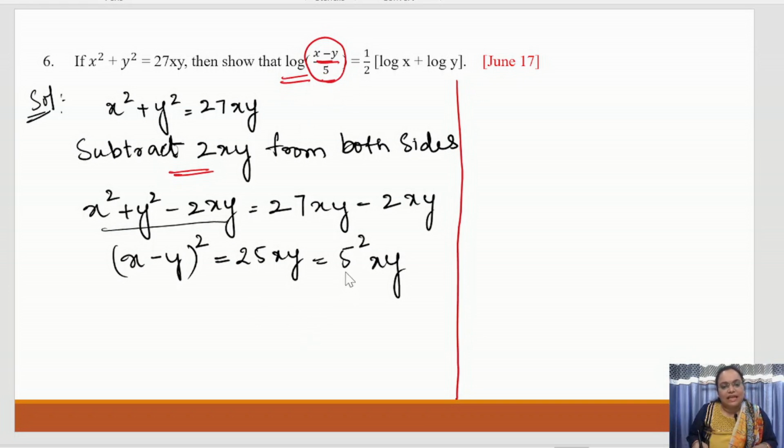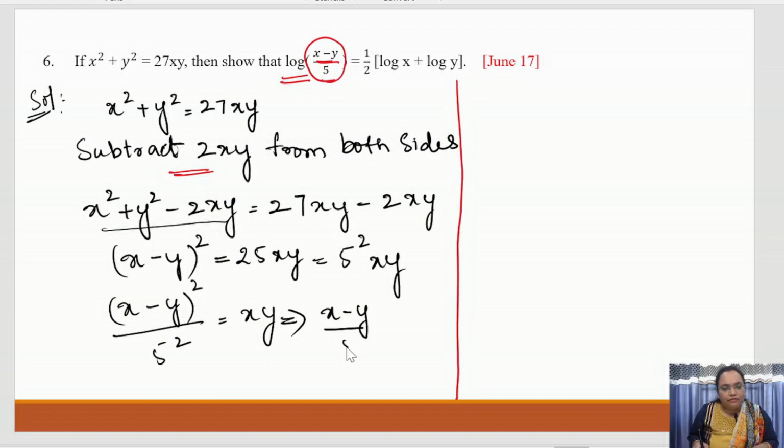So we will just send this 5² to the other side. You will get (x − y)²/5² = xy. Okay. So I can write this as ((x − y)/5)² = xy.